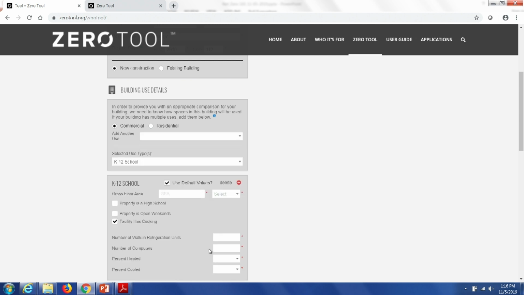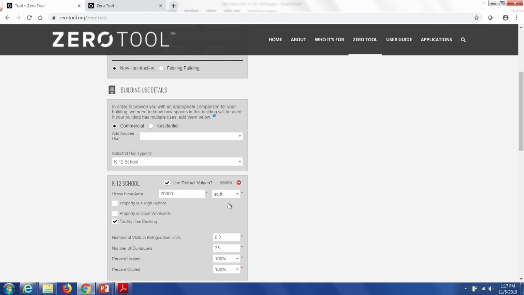I'm going to uncheck the cooking facility and just let it default. Let's say our building is 20,000 square feet. It could be whatever, depending on the building you're working on. Now it's asking whether I'm working in square feet or square meters. I sadly was raised on imperial measures, so I'm going to say square feet.